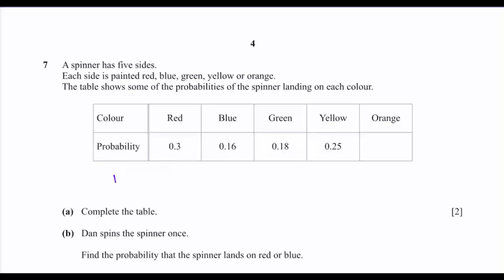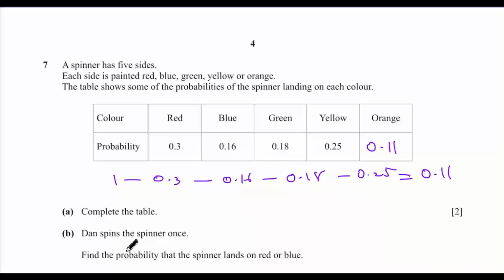So that will be 1 subtract 0.3 subtract 0.16 subtract 0.18 subtract 0.25. So if you do this, this will give you 0.11. So that means the probability of orange is 0.11.